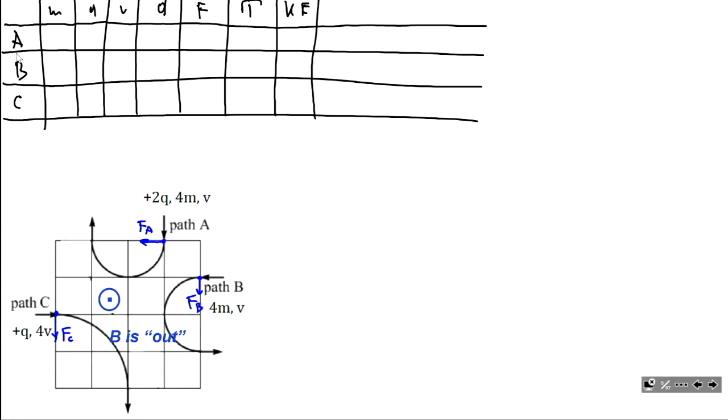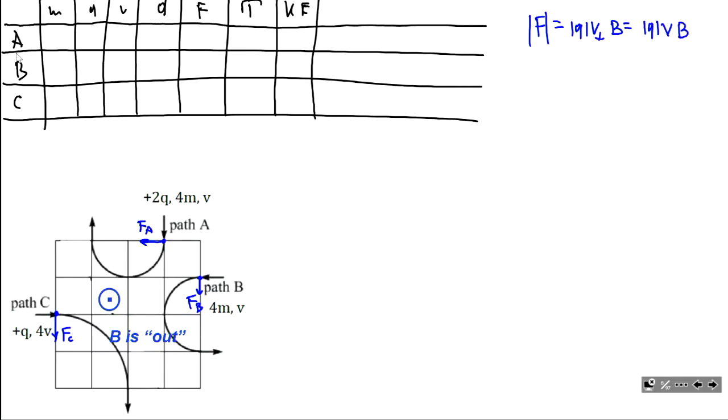And for each particle, we can write the same equation, F equals, well, first of all, we can always write first the expression for the magnitude. That's a Lorentz force. It equals q v perpendicular B. But in this problem, as in many other problems, velocity is perpendicular to magnetic field, so we don't have to use that symbol.